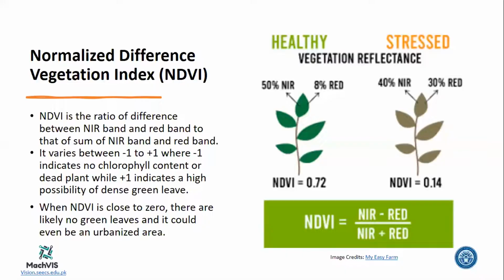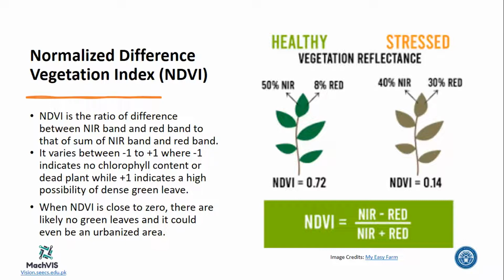First of all, the most widely used index is the normalized difference vegetation index, NDVI. The values are from -1 to 1. -1 means the crop is dead. 1 means the crop is healthy. Values near to 1 mean the crop is healthy, and values near to 0, either positive or negative, show that the crop is under stress.